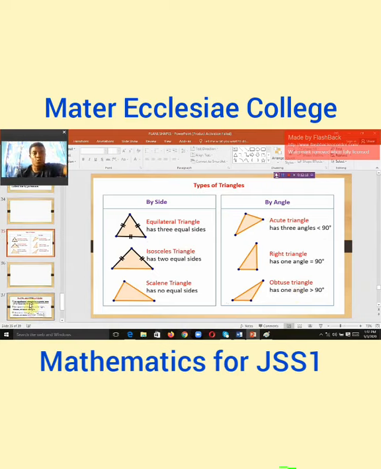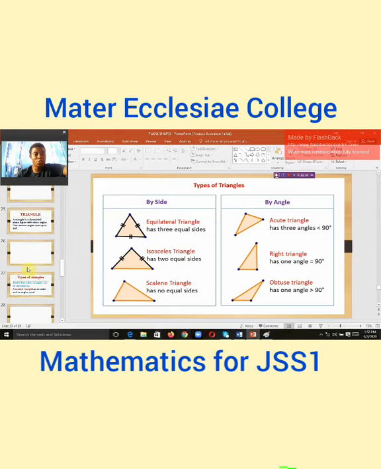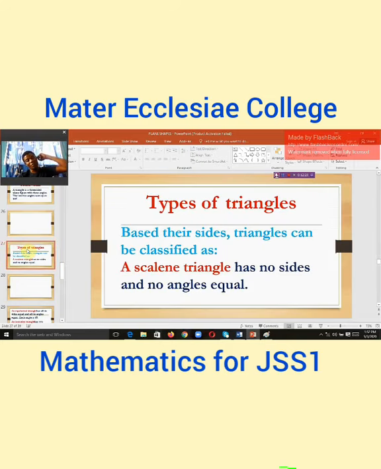So we started with the definition of triangles, and then we moved to types of triangles. Like I said, there are 6 types, but I'm putting them into 2 groups based on sides and based on angles. So based on sides, there are 3 types: scalene, isosceles, and equilateral triangle. Now let me just state this. An equilateral triangle is a special type of isosceles triangle.